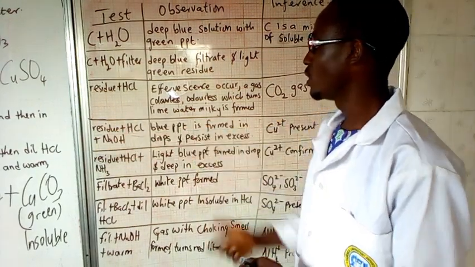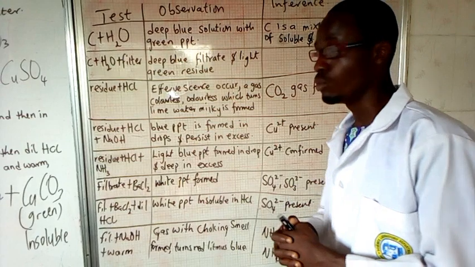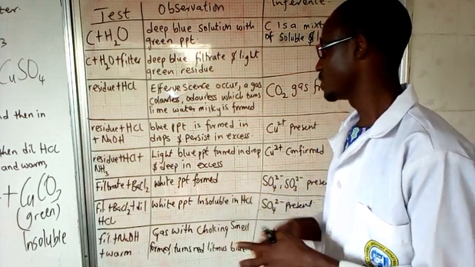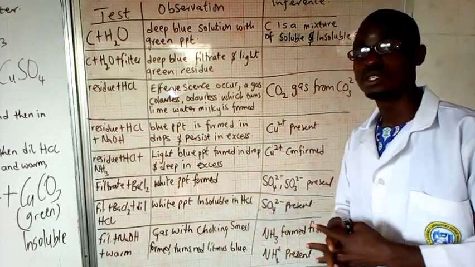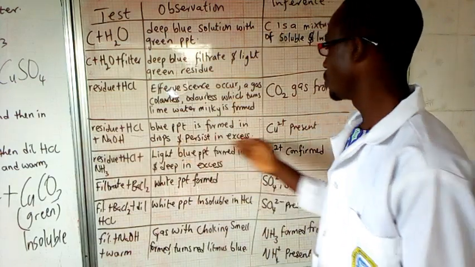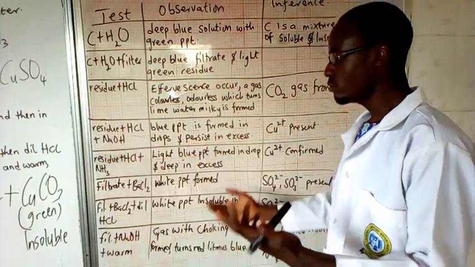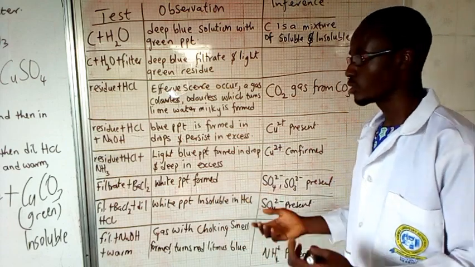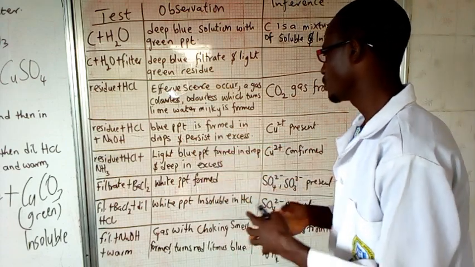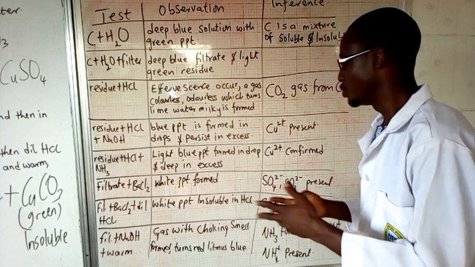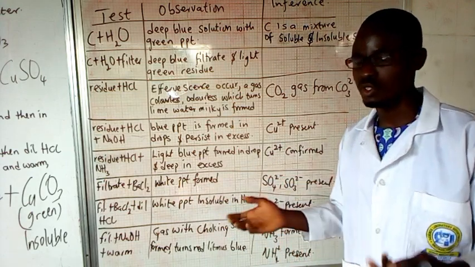When we added NaOH, we have blue precipitate formed and persist in excess, so we suspect Cu. To confirm Cu, we added NH3 to the second portion, and we have light blue precipitate formed in drops and dissolved in excess. So then, Cu2+ is confirmed.